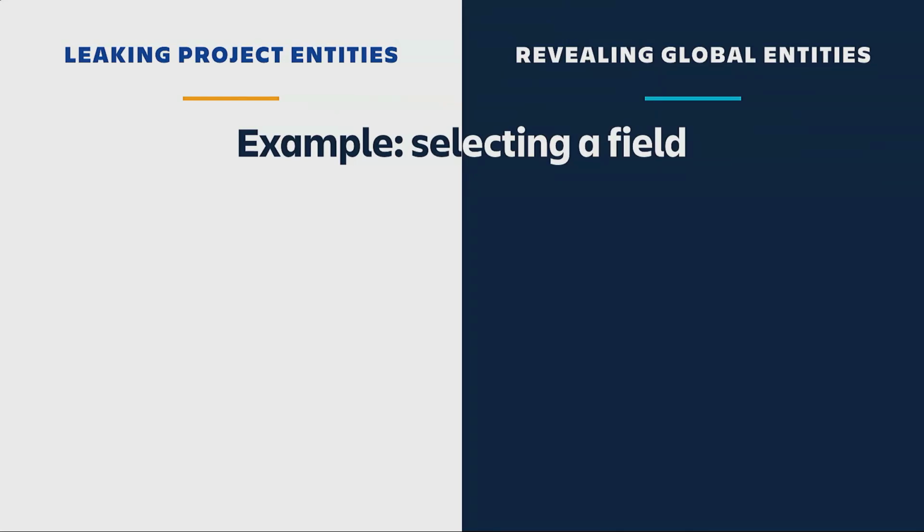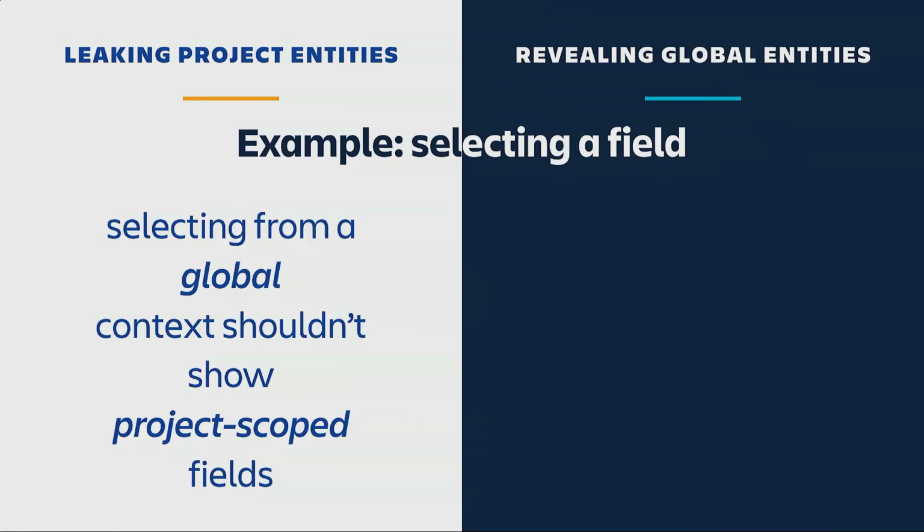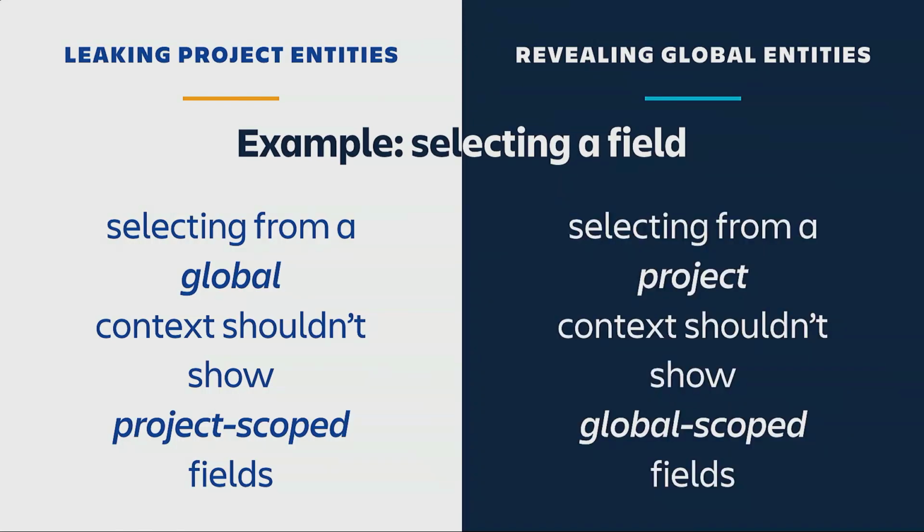So if you're within a classic project and your user is selecting a field from a dropdown, for example, you don't want to show NextGen fields because they won't be able to be used in that project. So selecting from a global context, you shouldn't be showing project scope fields. And the reverse is also true. If you're within a NextGen project, you don't want to be showing classic entities that can't be used in that project. We'll go through API changes we've made later to fix this so that you can update your apps.